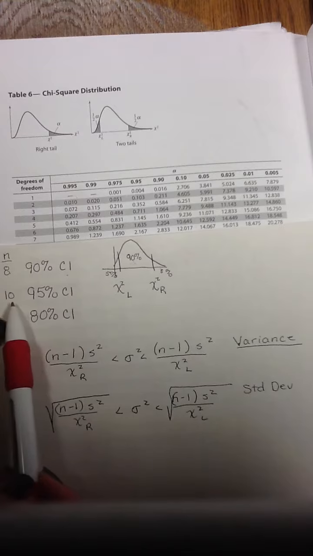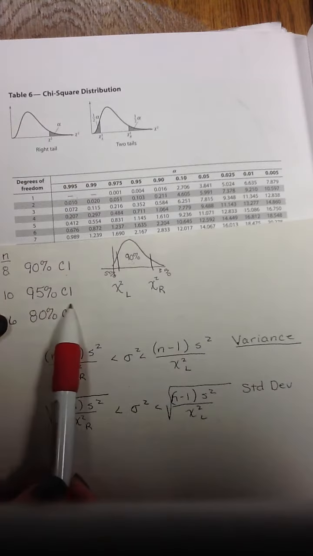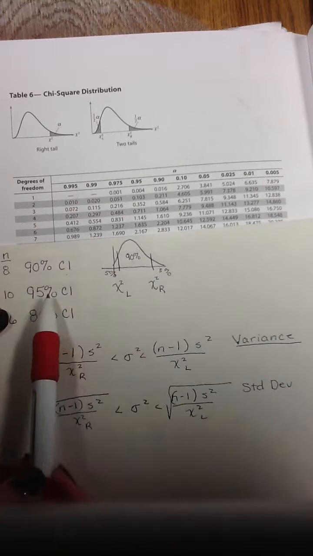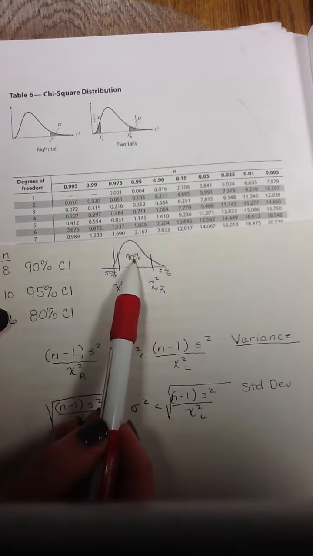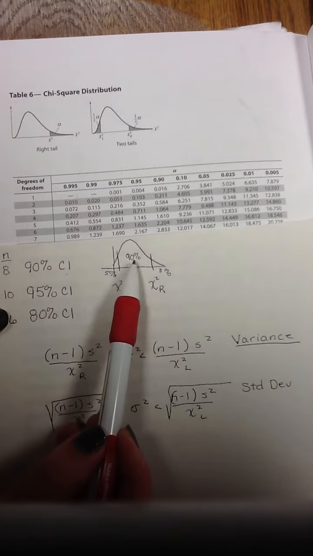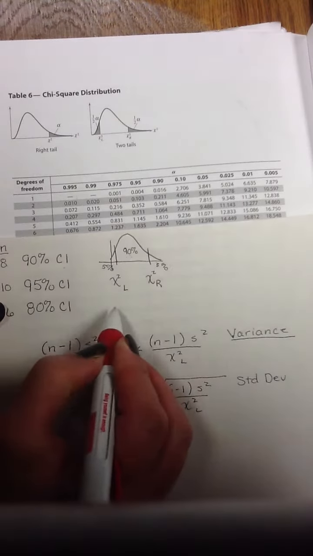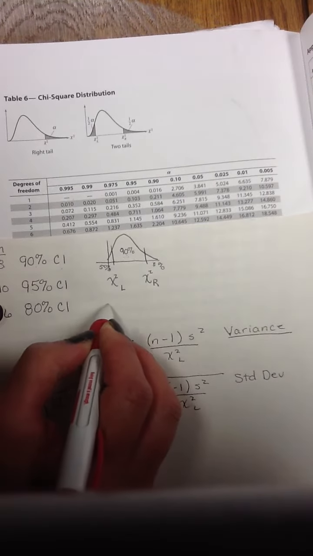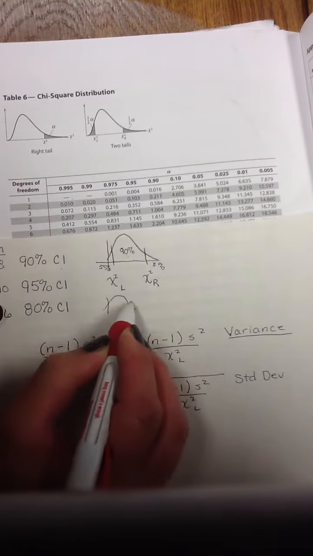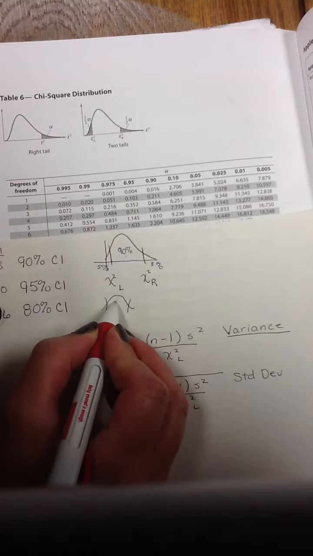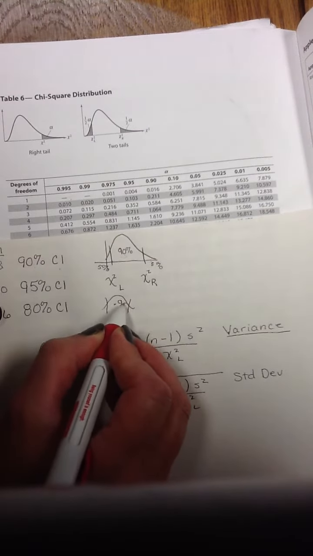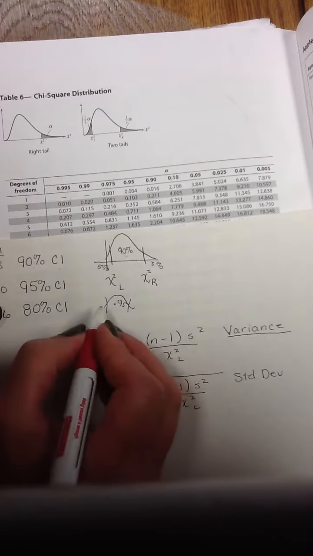Next example, I have n is 10 and a 95% confidence interval. With 95% in the middle, that leaves me 5% split amongst the two wings. So I'm just going to do a quick little chart here, and I can't draw worth a darn, sorry about that. I'm going to put my 0.95 or 95%.